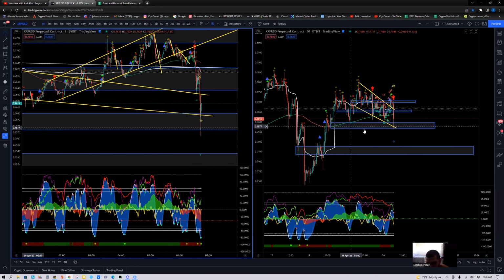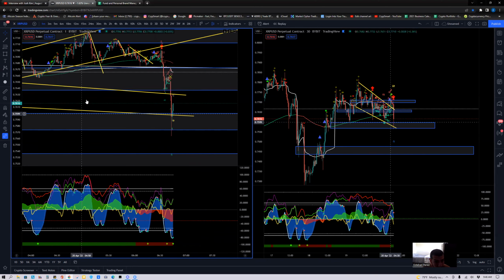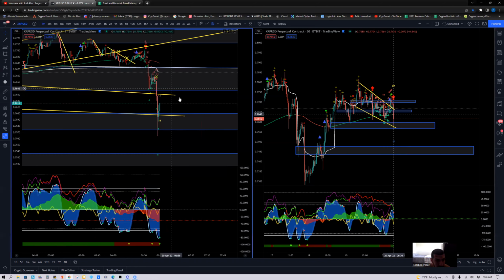Beautiful, guys. Beautiful call. But we officially broke this low now. The next one's right here. But we're going to get a nice short, though. We're going much higher.